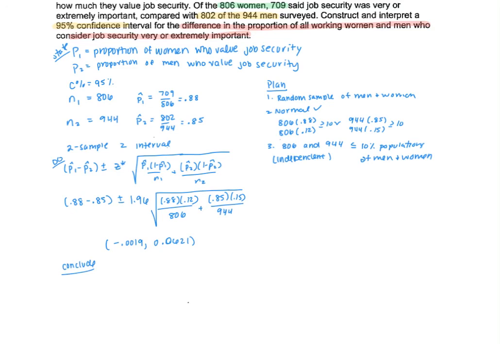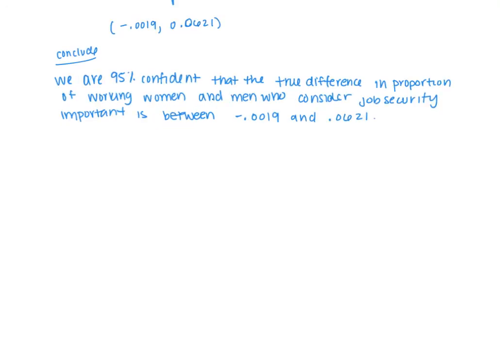So we're going to say we're 95% confident that the true difference in proportions of working women and men who consider job security very or extremely important is between negative 0.0019 and 0.0621. So there it is, worked out for you to copy down in your notes if you missed it in class.